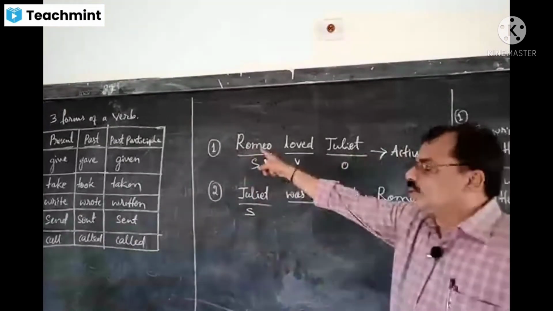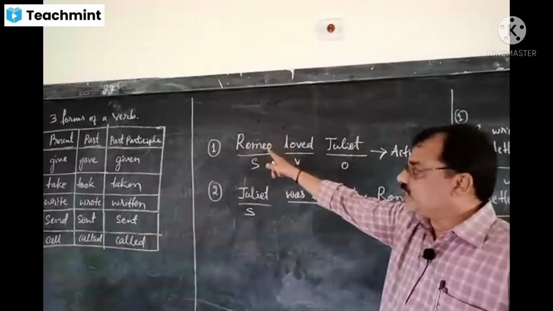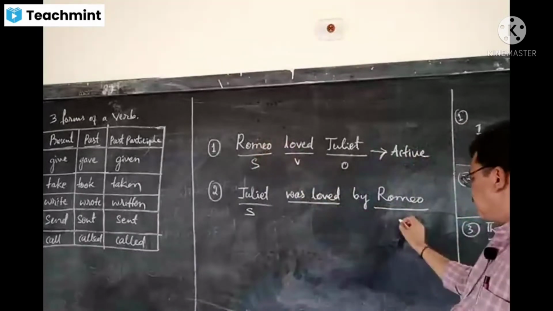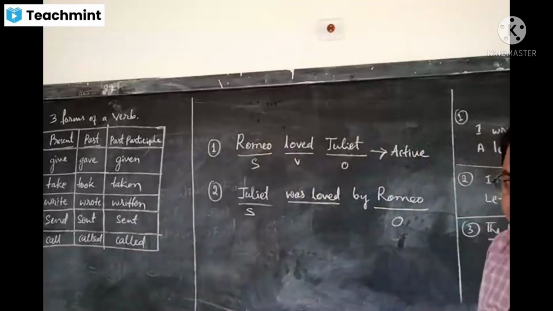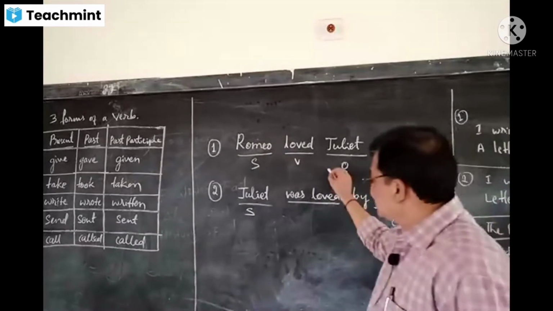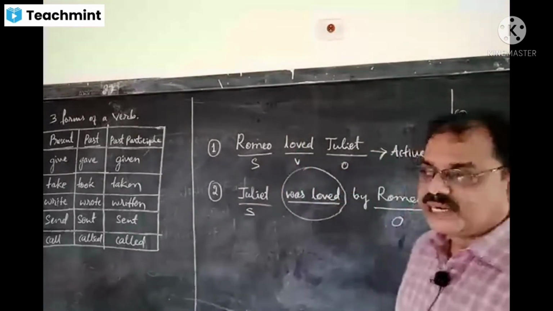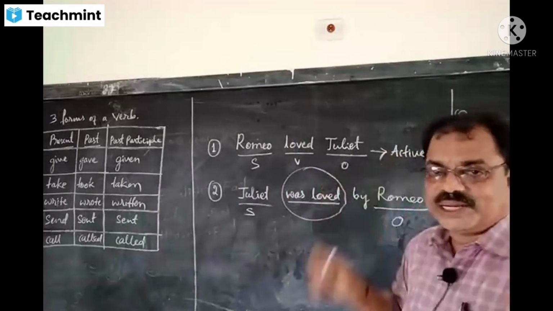Then Romeo was subject in active voice, that becomes object in passive voice. And the necessary changed form of the verb. That's very, very important that you should know.